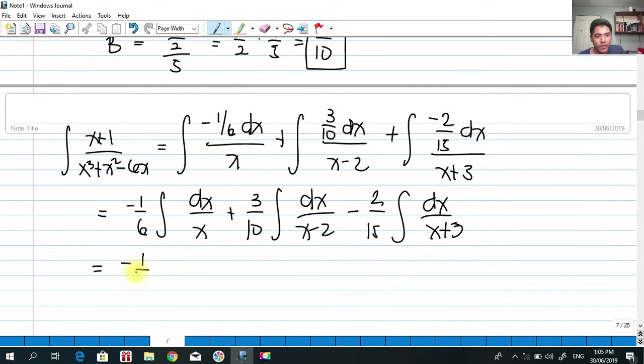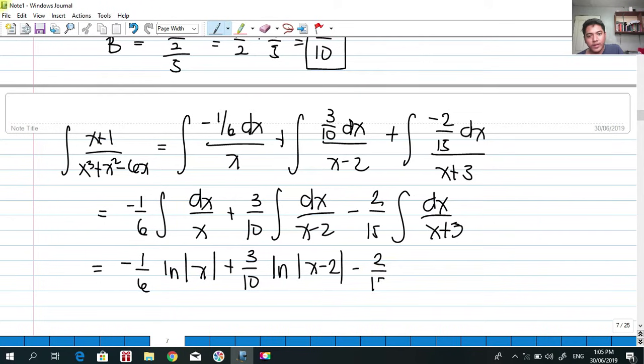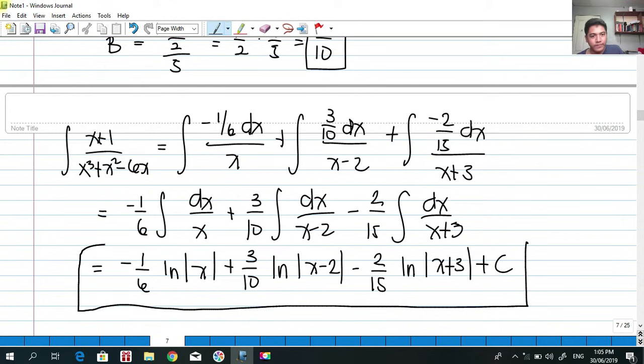So we have negative 1 over 6 ln of the absolute value of x, plus 3 over 10 ln of the absolute value of x minus 2, minus 2 over 15 ln of the absolute value of x plus 3, plus, of course, the constant of integration c. So we now have the answer to our integral.